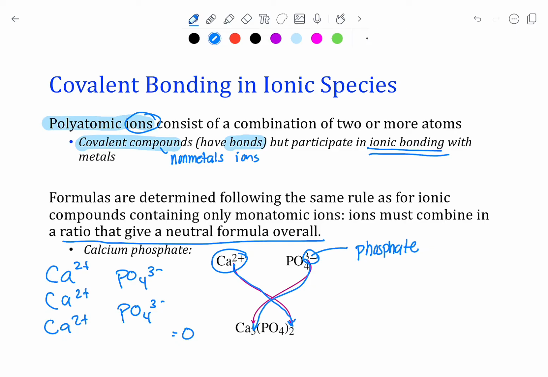The thing here is when we have a polyatomic ion, we put it in parentheses and then put our subscript on the outside of those parentheses to show that this applies to the whole ion itself.